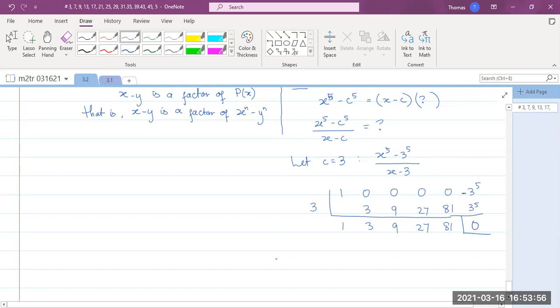Okay, so x to the fifth minus 3 to the fifth over x minus 3 is equal to x to the fourth plus 3x cubed plus 9x squared plus 27x plus 81.